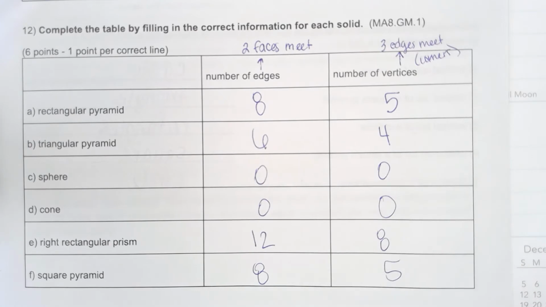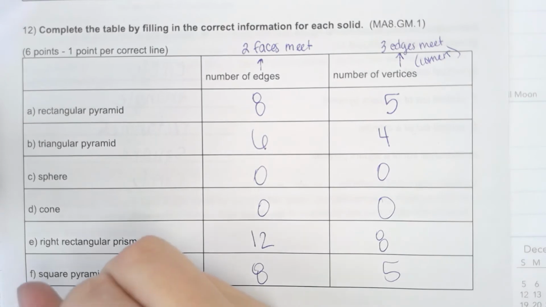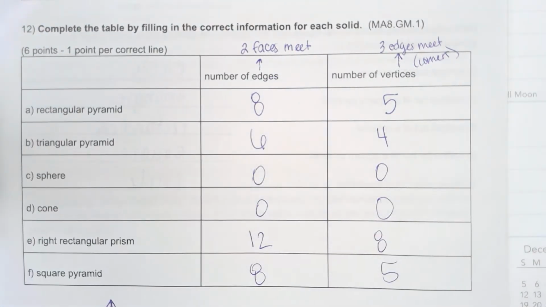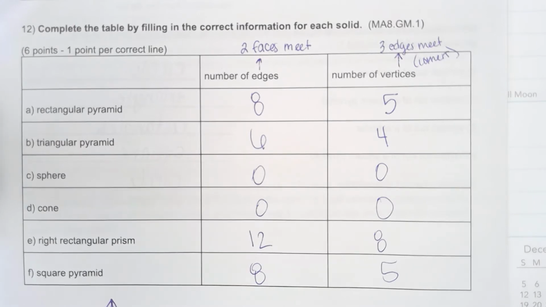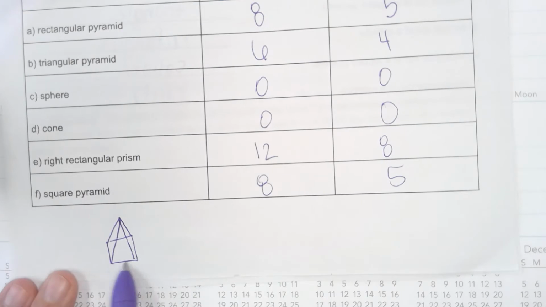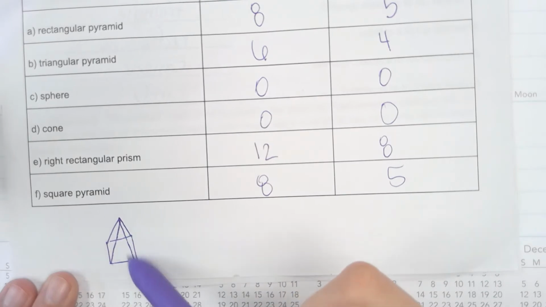So if you guys have a hard time memorizing those, just try to think of the figure. You can even draw it. So if I have a square pyramid and I was trying to figure out the number of edges, you can use your picture to help you. So your edges would be the 4, oh sorry you guys can't see that, the 4 sides of your square pyramid at the bottom, as well as your 4 lines that make up the pyramid.